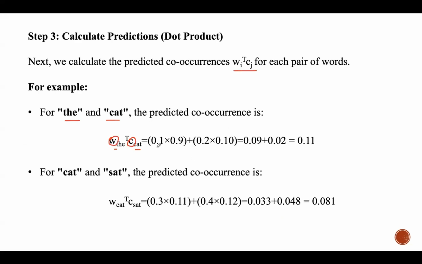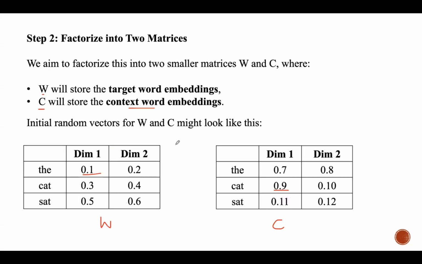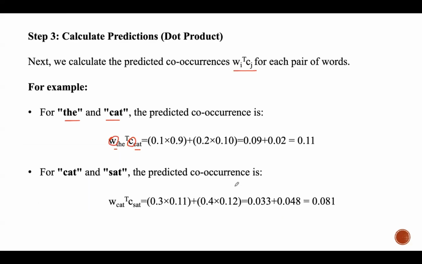You need to multiply 0.1 into 0.9, then plus 0.2 into 0.10. So we are finding the dot product for the and cat. Now we got this value as 0.11.